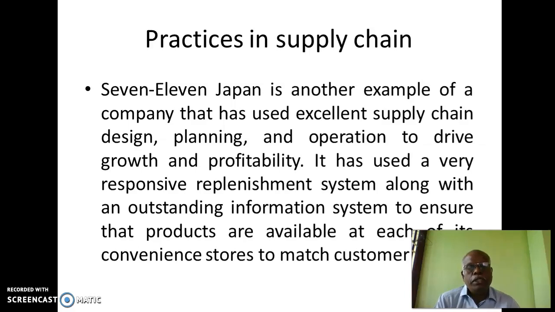That is called replenishment. So 7-Eleven Japan used the information system very effectively so that it can ensure that at every store the products are available based on the demand. So that is the success of the 7-Eleven Japan supply chain management system.